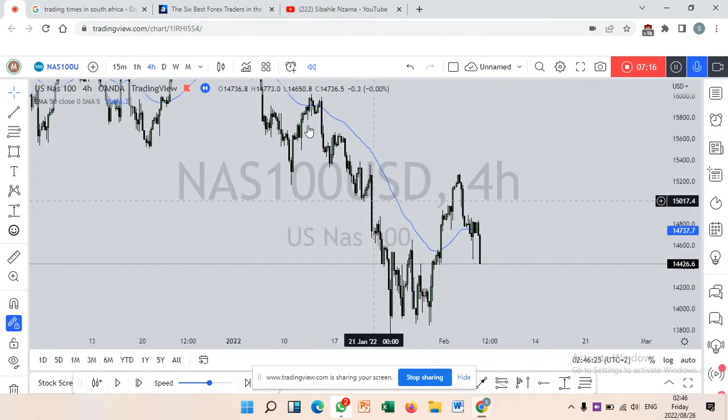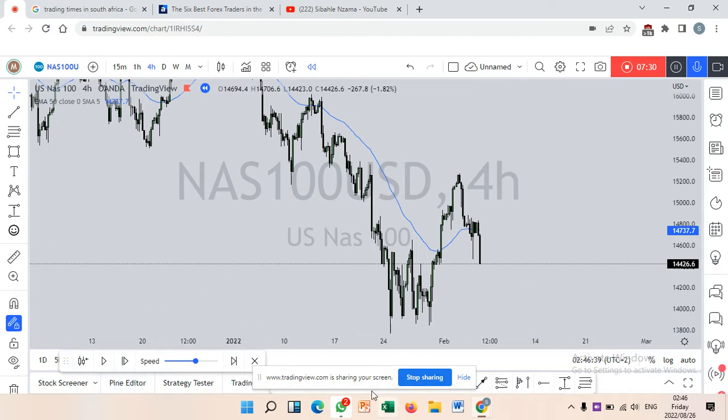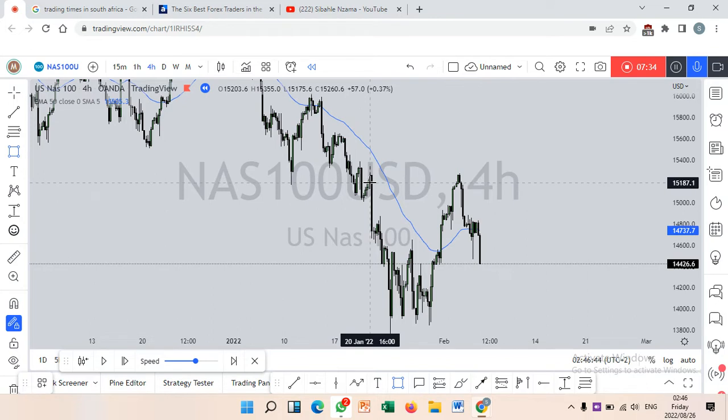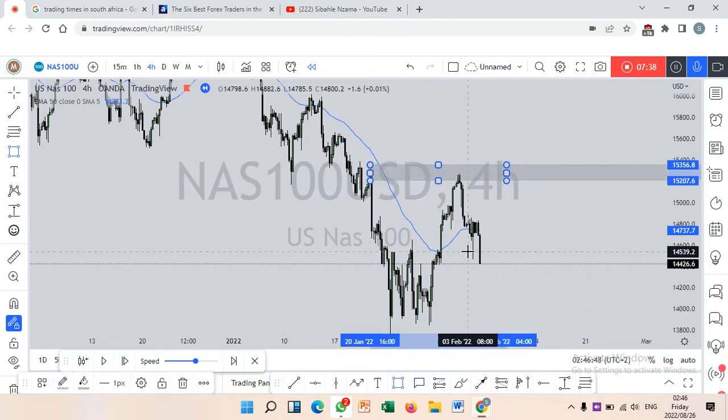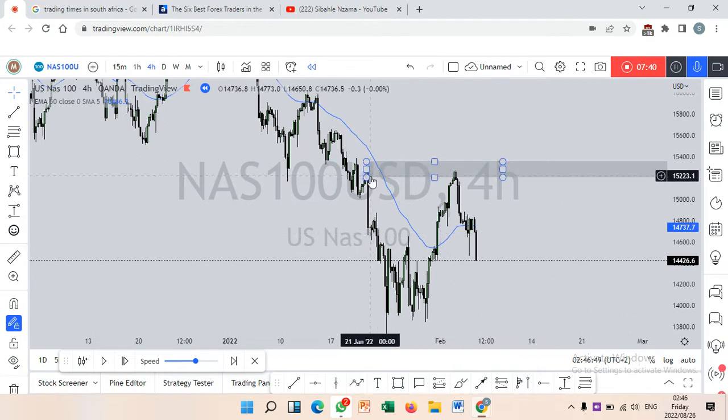We understand that market did actually break structure, right? So this zone was created that broke previous structure over here, which is a valid supply zone. So we've marked our supply zone on the 4 hour, which is a valid zone.